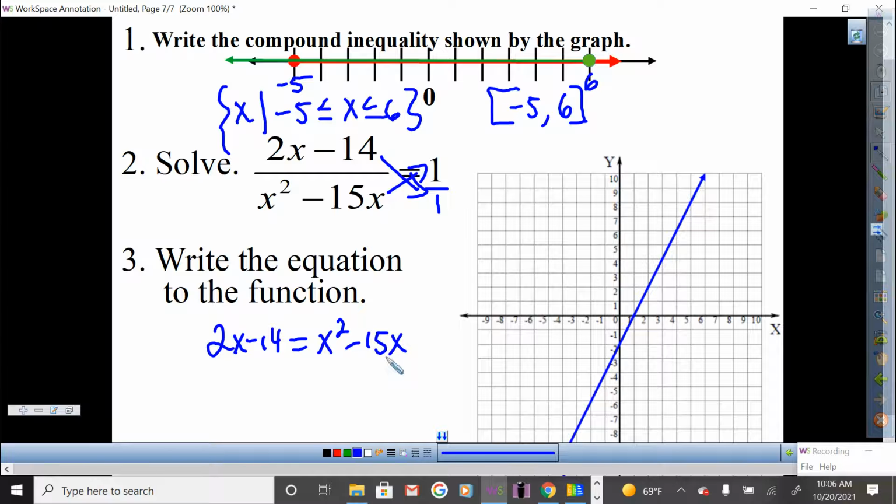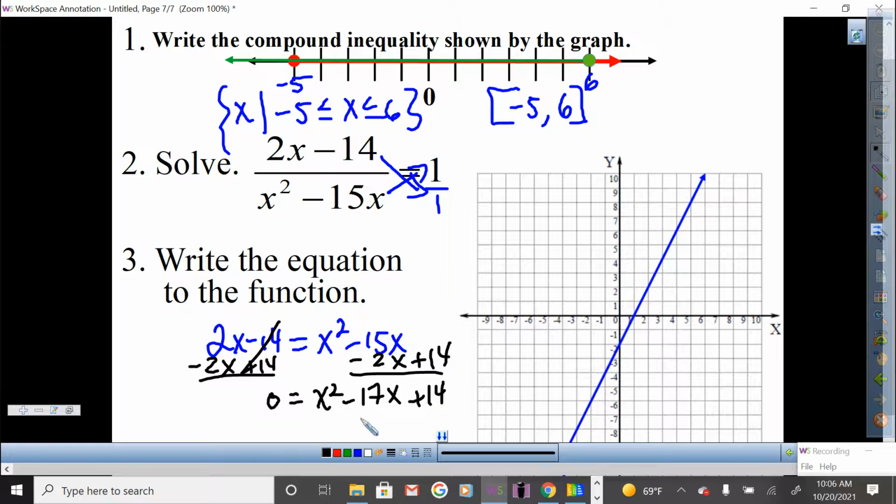So we have a quadratic equation. How do we solve that? It needs to be equal to what? 0. That is correct. So I'm going to bring all these to the other side by subtracting 2x and adding 14 to each side. 0 equals x squared minus 17x plus 14.